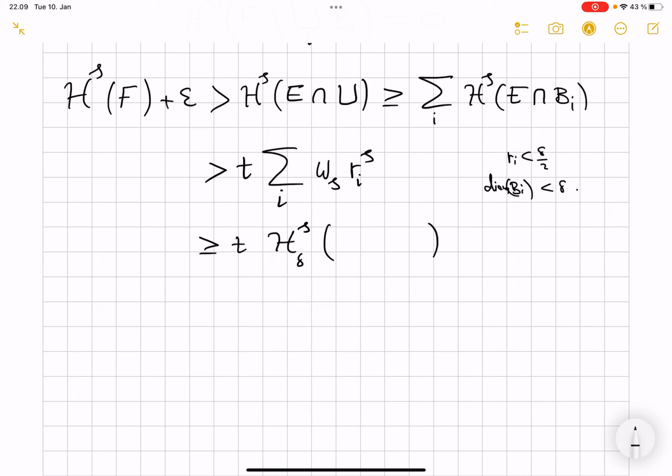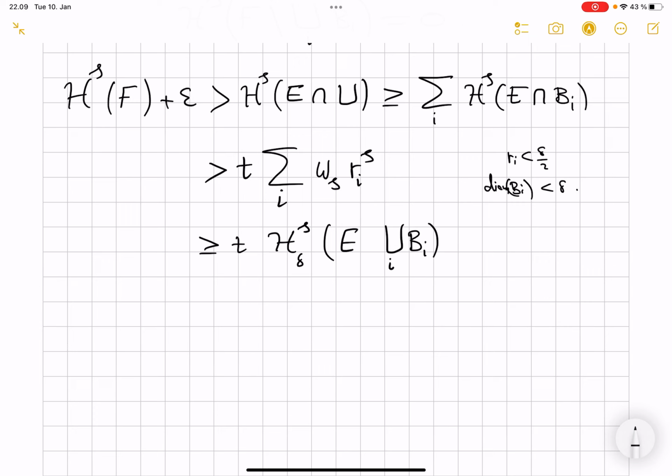So these are B_i, therefore this will be the union of B_i.